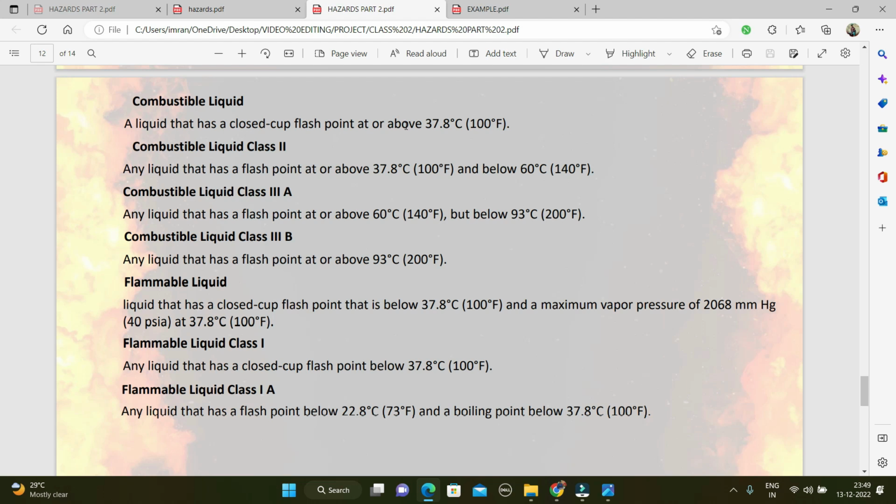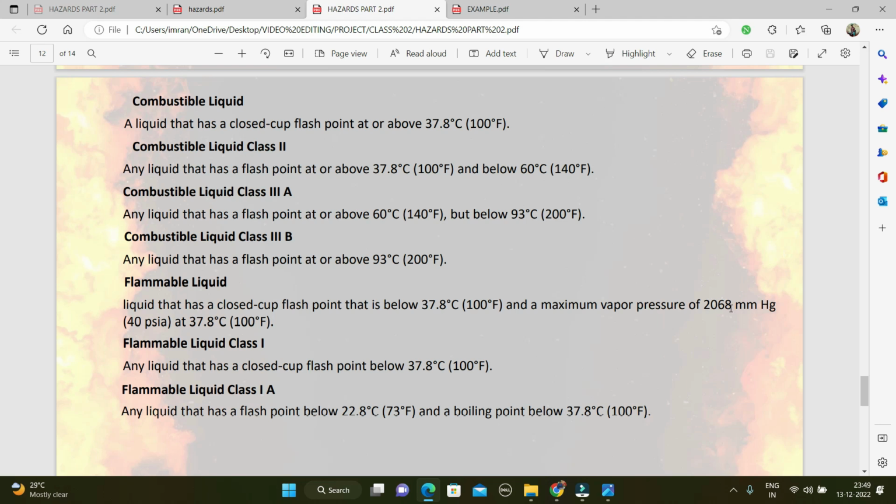Similarly, see flammable liquid. A combustible liquid has a flash point at or above 37.8 degrees Celsius. But a flammable liquid has a flash point below 37.8 degrees Celsius and also a maximum vapor pressure of 2068 millimeters of mercury.